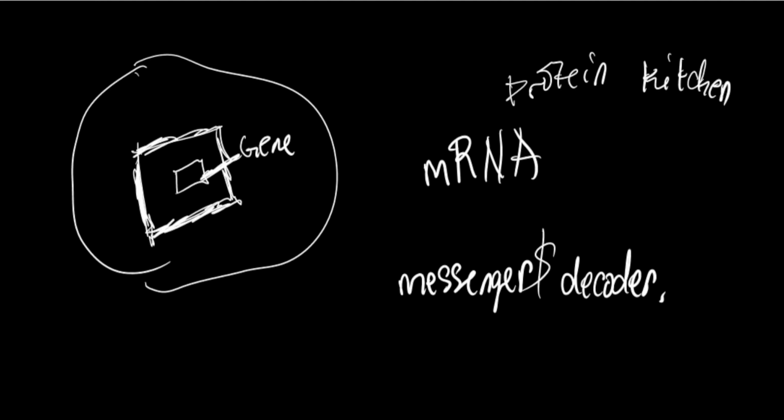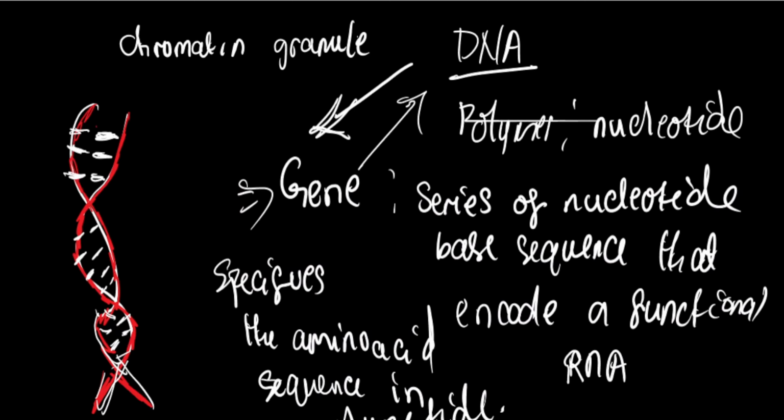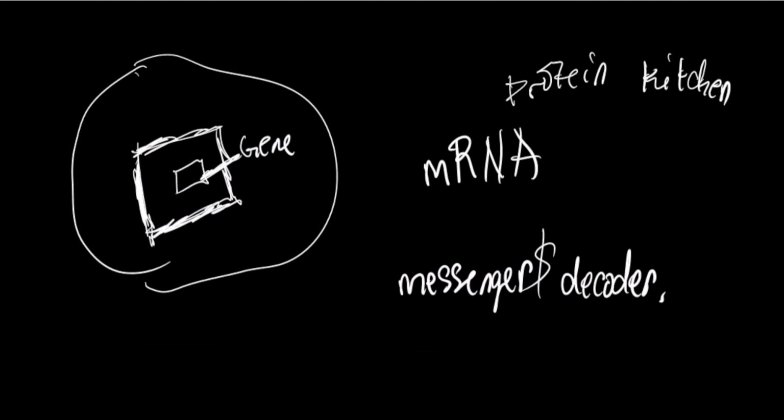Okay, and then a particular chapter of the cookbook would be the gene, and we define the gene in this very fancy definition as a series of nucleotide base sequence that encode a functional RNA or that specify the amino acid sequence in a polypeptide. Okay, now we said the RNA would serve the messenger function and the decoder function.